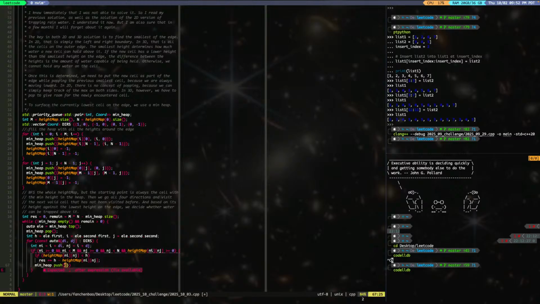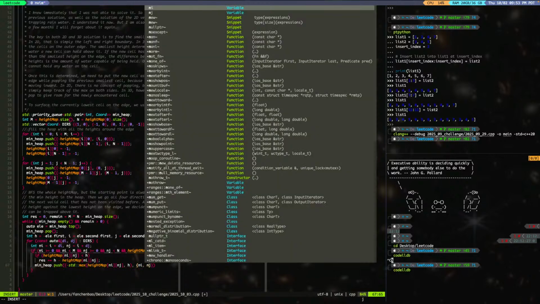Ooh, I just realized, main heap, so let's be negative. Actually, std max height map ni and j, and then h. But this one needs to be a negative value, and then ni and j.